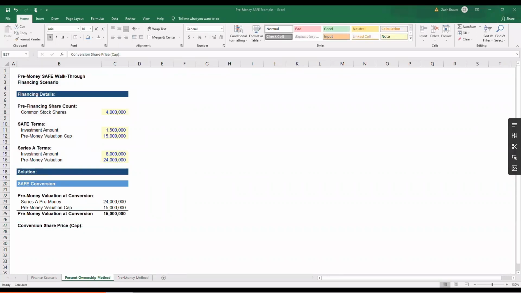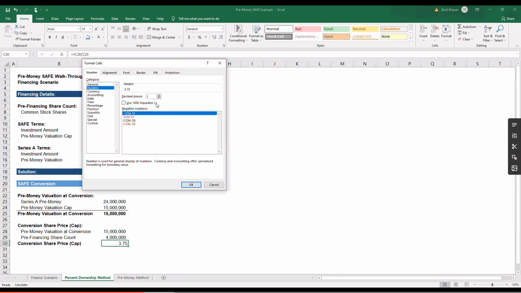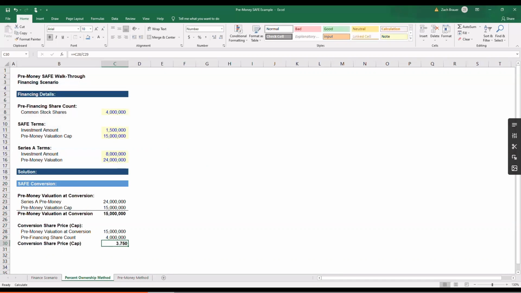So we're going to take the pre-money valuation at conversion, row 25, as the numerator, and the denominator will be the pre-financing share count of 4 million shares.